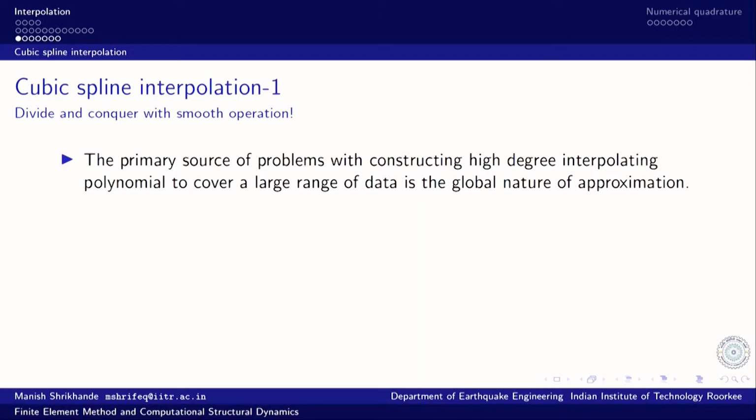Now, another kind of interpolation that is often used is spline interpolation. As we saw during the approximation of Runge's function by polynomial interpolation, the primary source of the problem was that we were trying to develop the approximation over the complete range in one go.